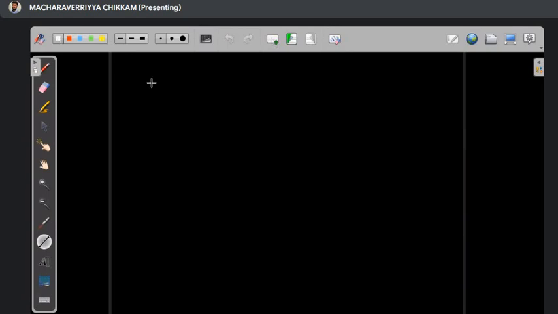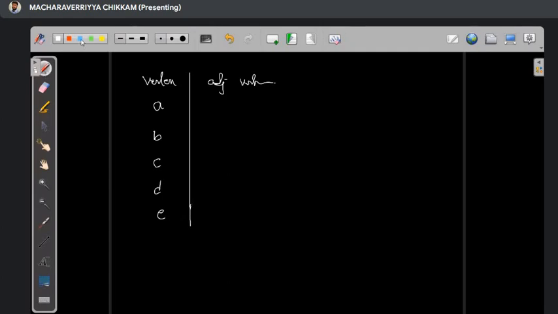Now this time, let me take vertex here and adjacent vertex. So here I am taking A, B, C, D, E. Total 5 vertices I am taking. Now I am writing adjacent vertices here.